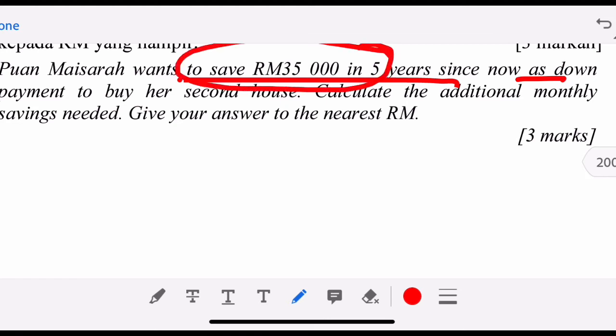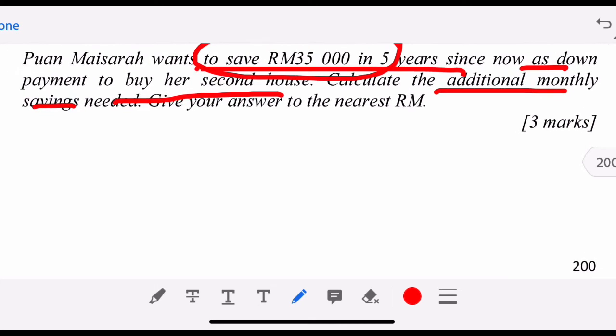Because you want to buy a second house, calculate the additional monthly saving. Okay, now we know that her income is 4,600, right? So every month she actually save 460.